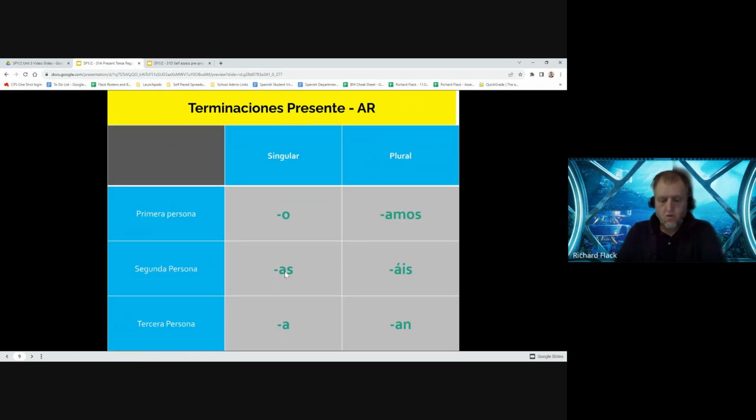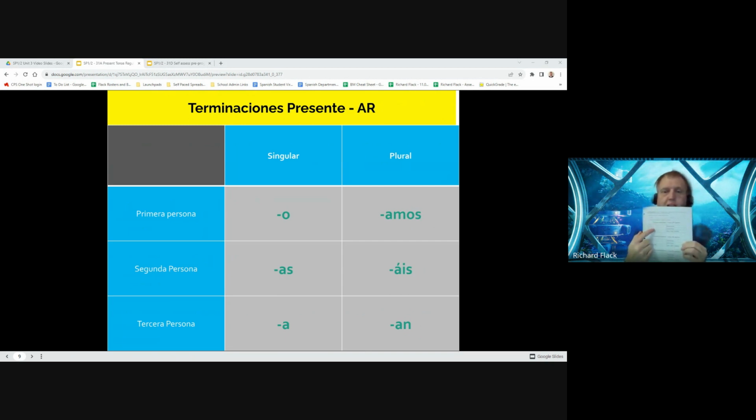Okay, so now we are going to learn what are the endings for present tense verbs of the type AR. We're just going to start with the AR group because they're the biggest. So our ending for first person singular for yo is O. On your sheet, I've already put the O. Our ending for second person singular tú is as.